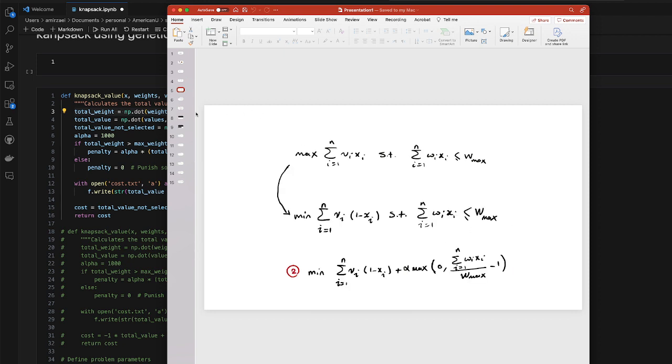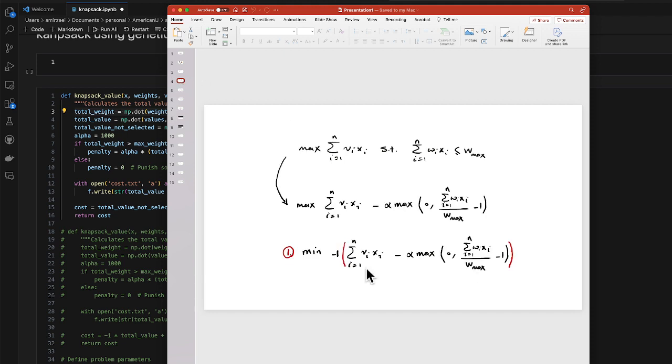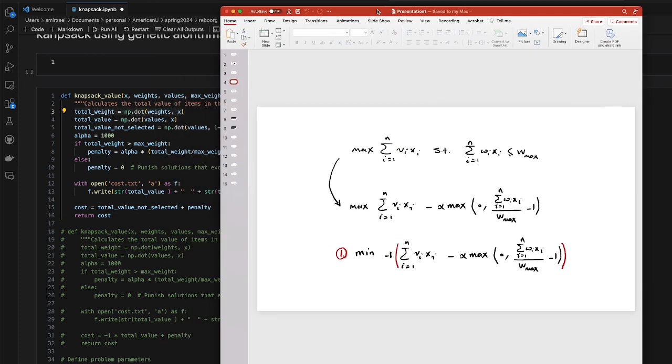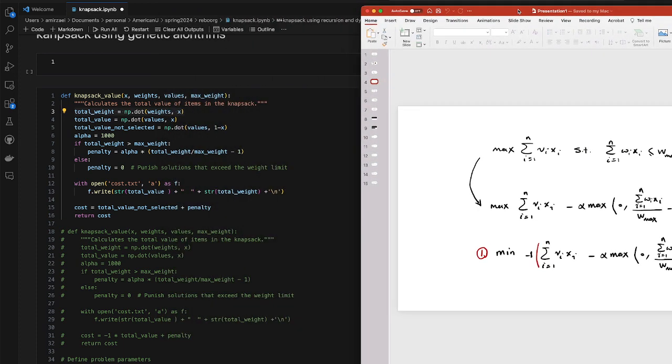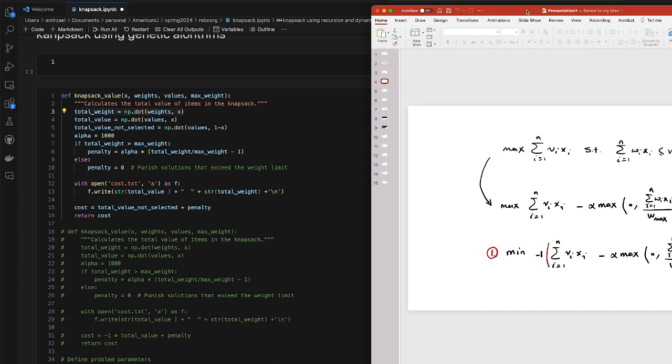The second method was reformulating everything based on the value of the items that we didn't pick. This implementation was related to that form. But now let's look at the first method, just for clarification, to show you these two should lead to a very similar solution.